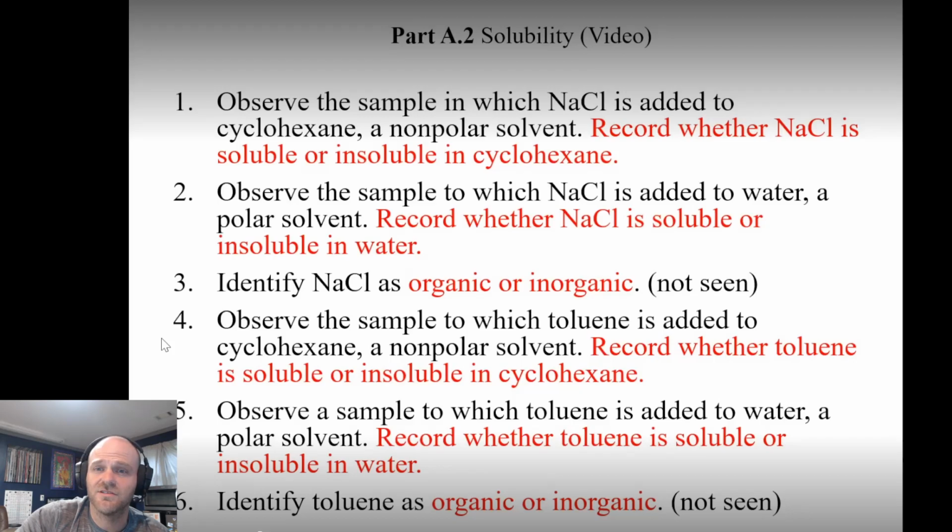Observe the sample in which the sodium chloride is added to cyclohexane, a nonpolar solvent. Record whether sodium chloride is soluble or insoluble in cyclohexane. For number 2, observe the sample when it's added to water, a polar solvent, and note the differences, right? Identify sodium chloride as organic or inorganic based on these results, right?